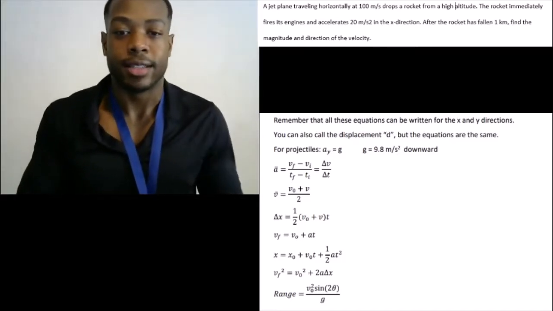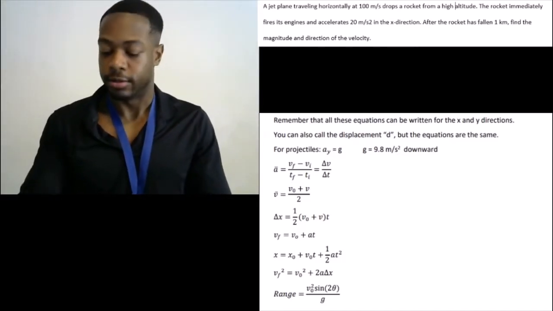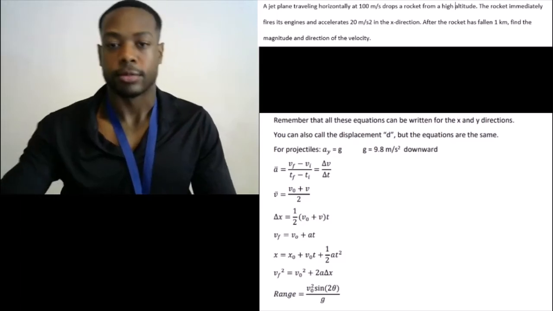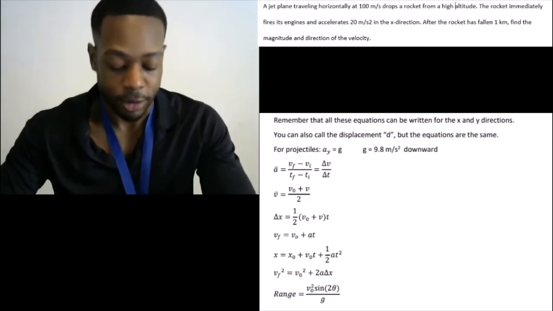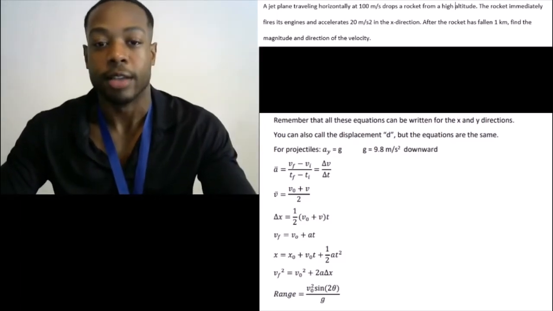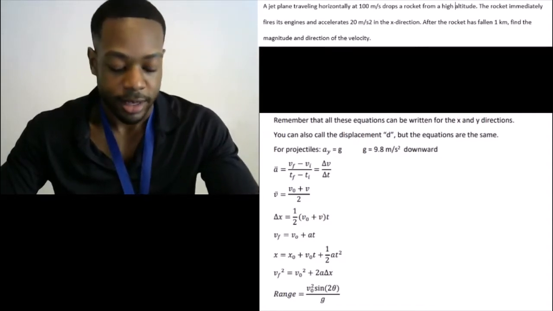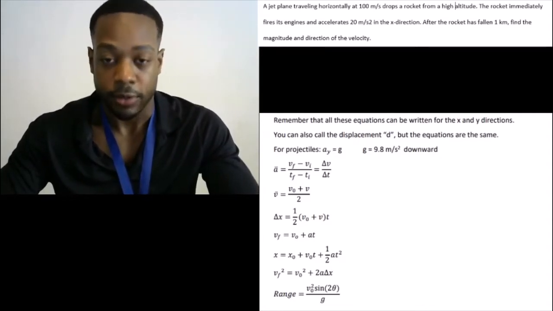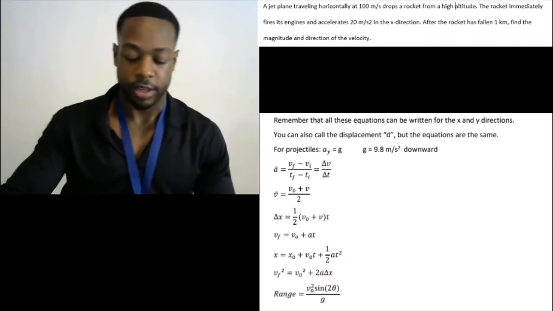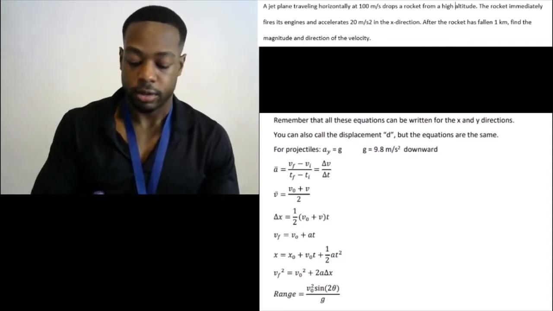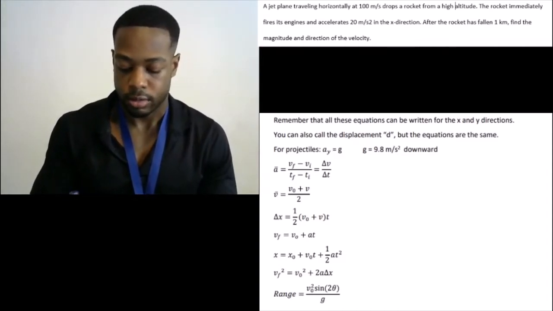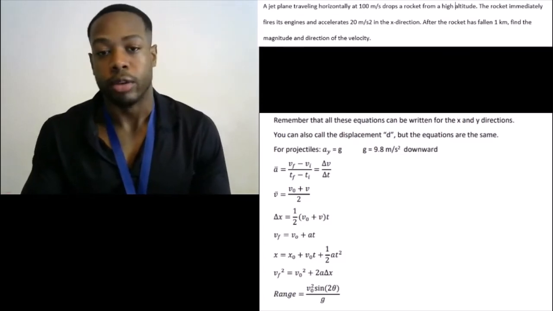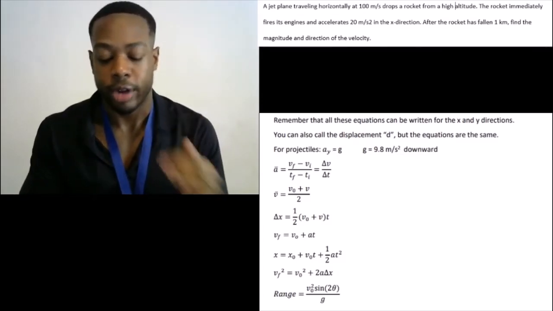What is causing the Y acceleration? Gravity, right? So gravity's pulling it down, it's causing an acceleration in that Y direction. So we've got the negative 9.8, which is gravity going down. We know the X acceleration is going to be the 20.